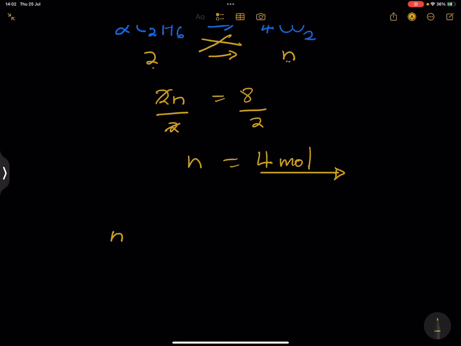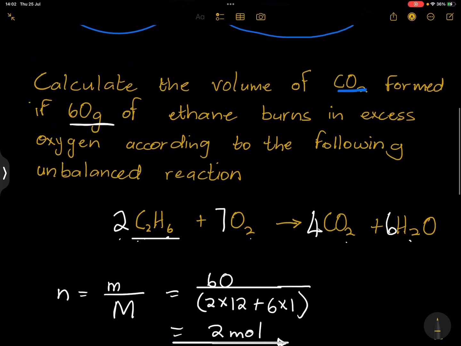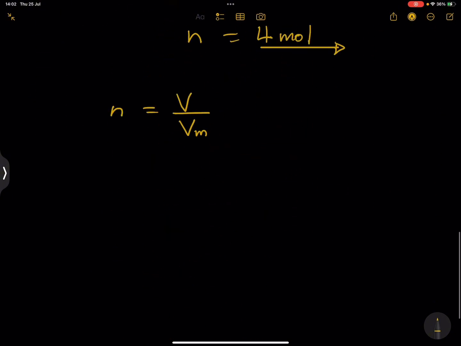Simply say number of moles is the volume of the gas divided by the molar volume. But remember, we said at STP, right? So we are looking for the amount of carbon dioxide at STP. So in this case, the number of moles that I have is 4, right?